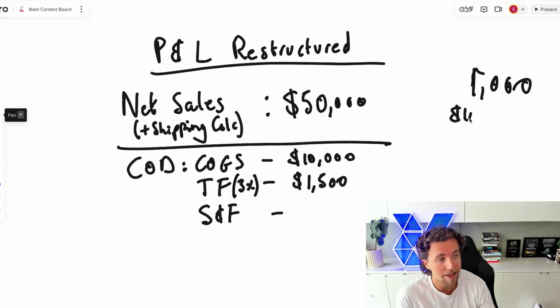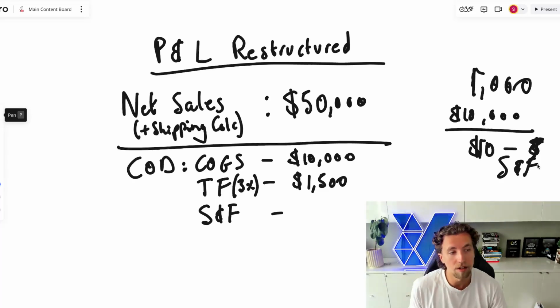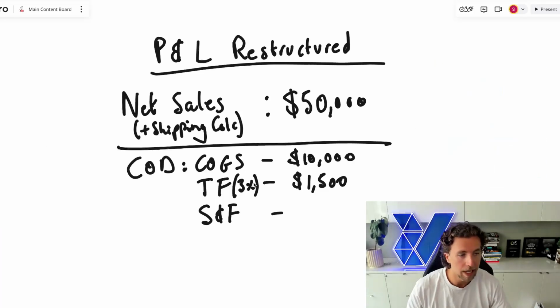Maybe we spent $10,000. They invoiced us for those 1,000 orders. Okay, this is a basic division, 10,000 divided by 1,000, which means our average shipping and fulfillment fee, and yes, my writing isn't great here, shipping and fulfillment fee is coming out at $10. And so we do $10 times 1,000 orders, and you know what your shipping and fulfillment is coming out at.